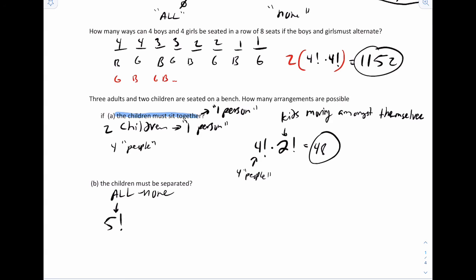That's your all. And if I subtract this answer, 48, this is all the seating arrangements where they're together. So if I take them out, that should leave all the ones where they're separated, and that would be 72. Okay, so try the rest of the questions and let me know if you get stuck on any.